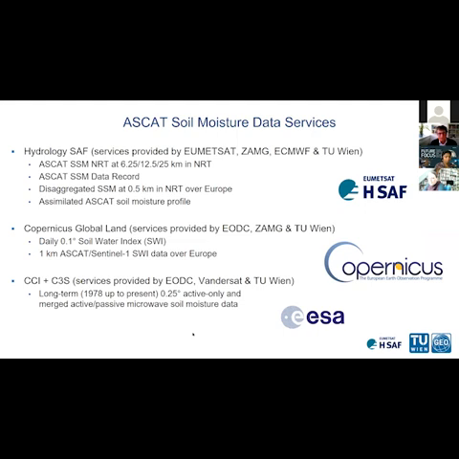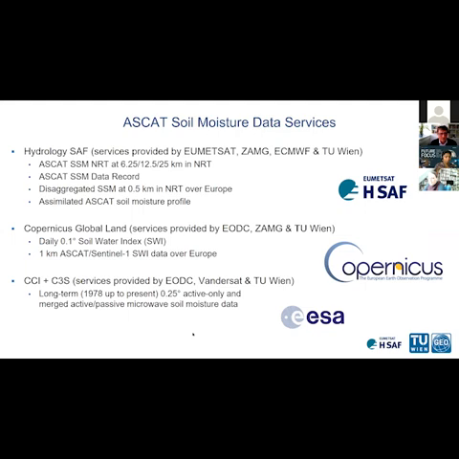Along with those near real-time data that come in swath geometry, we have data records that are for all the points on the Earth, so on a fixed Earth grid. For Europe, we also are doing a disaggregated product at 500 meter sampling to simplify the life of users that are interested in higher resolutions, and the data is also assimilated into the ECMWF model.